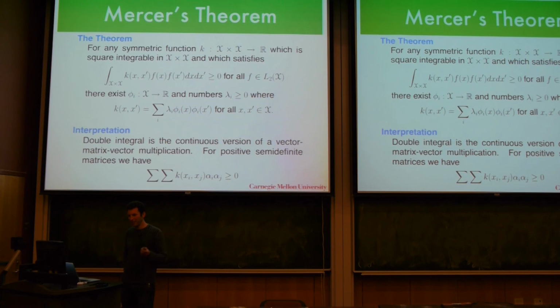So for any symmetric function K, which is a weight function, and which also has the property that the integral over some interval is greater or equal to zero for all functions, there exist eigenfunctions and eigenvalues such that K of X, X prime can be written as the sum of lambda i, phi i, phi i.